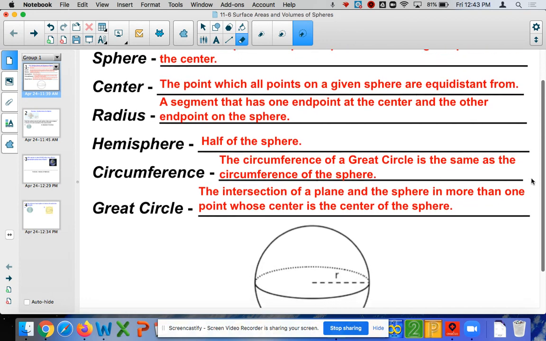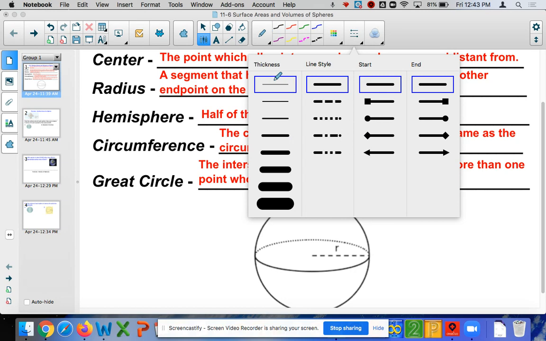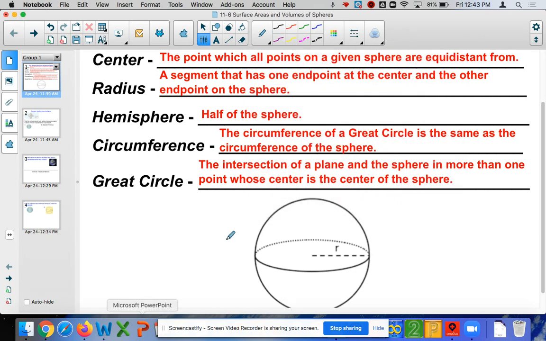Now, what that means is if I were to draw a simple plane, I'm going to try my best here. Again, I'm not an artist. I'm going to draw a little plane here. So here's my plane.